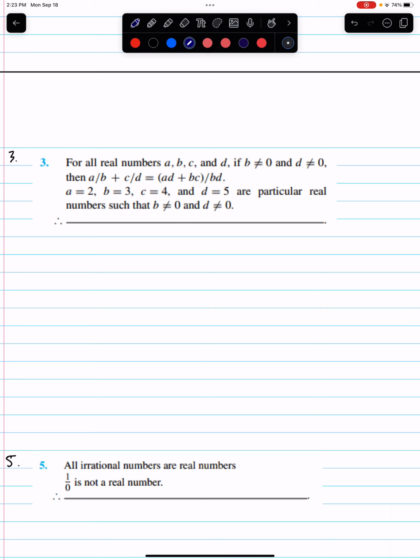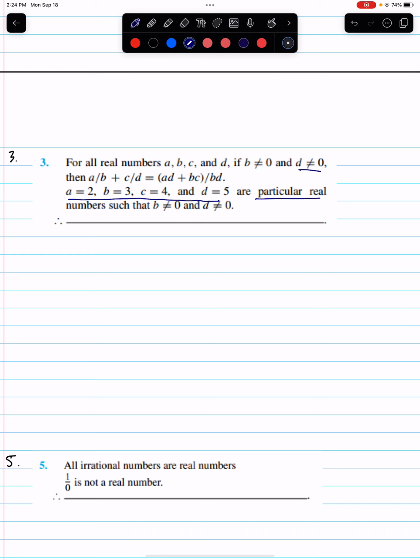Alright, for all real numbers A, B, C, and D, if B is not equal to 0 and D is not equal to 0, then A divided by B plus C divided by D equals A times D plus B times C divided by B times D. So they gave us all these numbers here, basically trying to show us that it's not 0.